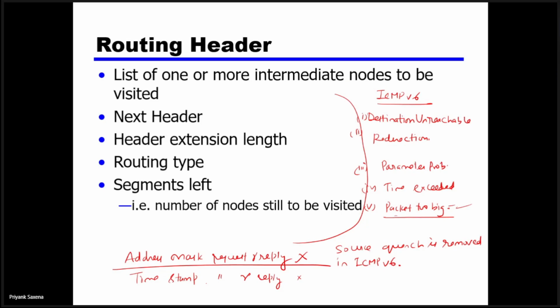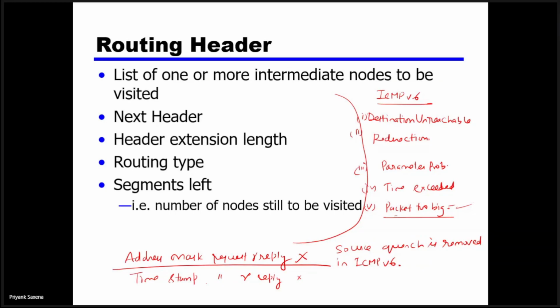Source quench no longer exists in ICMP v6, and the source quench message was used basically for flow control, because whenever the router was unable to withstand the excessive flow coming from the source, the router had to request the source to please slow down, so that the router stops dropping the packets, and in response it sends a source quench message towards the source, informing that the flow is excessive and that is the reason for dropping the fragments, right?